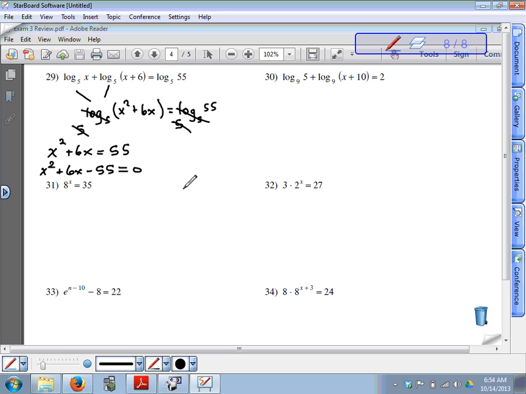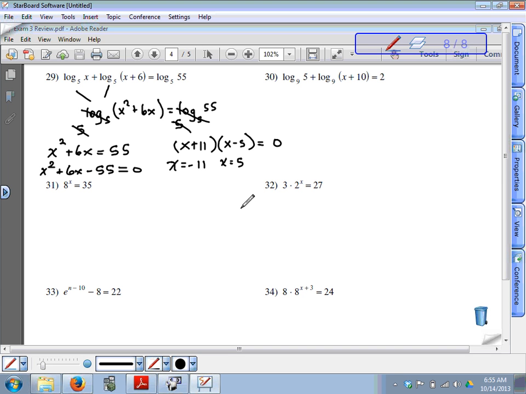If we factor this into x plus 11 and x minus 5 is equal to 0, we get the solutions x equals negative 11 and x equals 5.